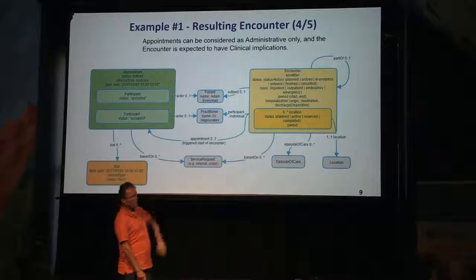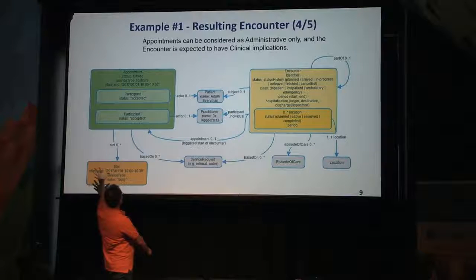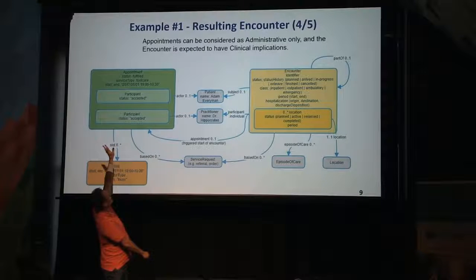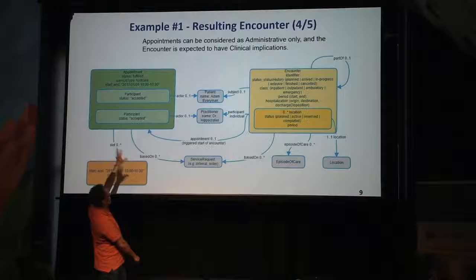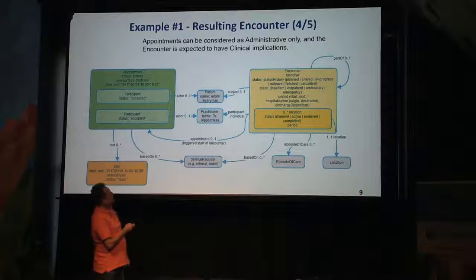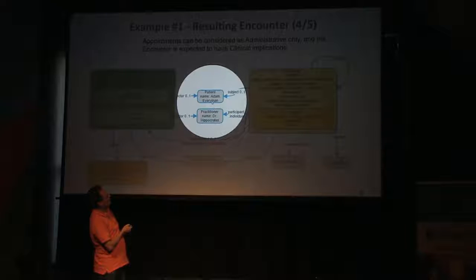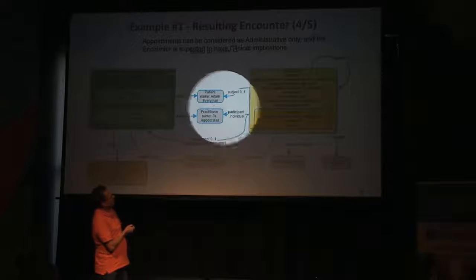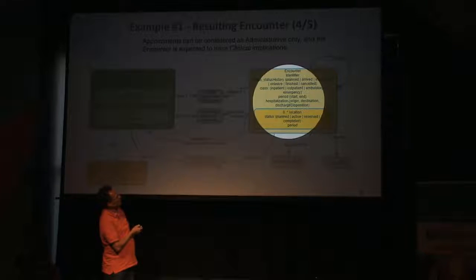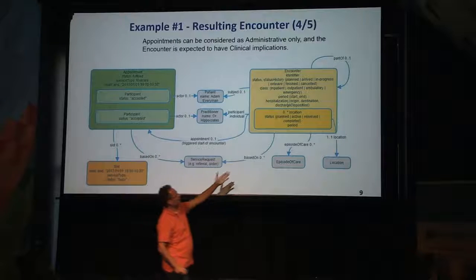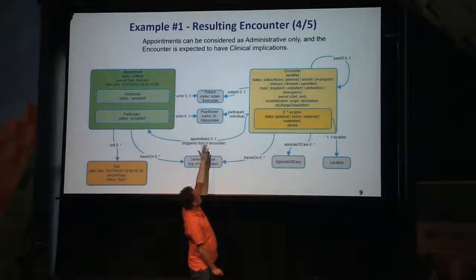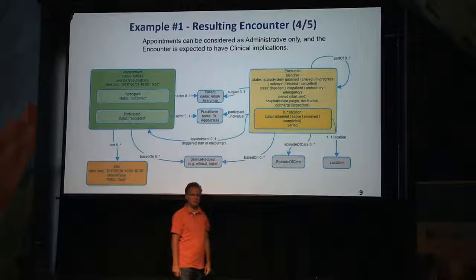Okay. But let's follow up. So once we have the appointment for a particular time slot, and it is a booked appointment with accepted participants, then those very same participants that we have, Adam Everyman and Dr. Hippocrates, also form the basis for our encounter. The encounter, after all, will be between Adam Everyman and Dr. Hippocrates.